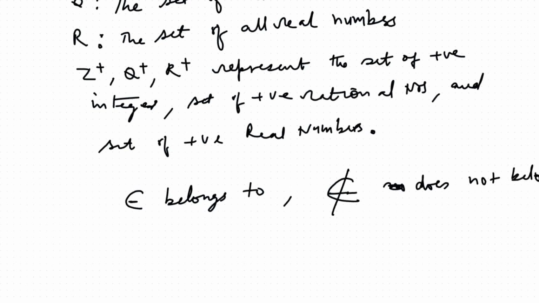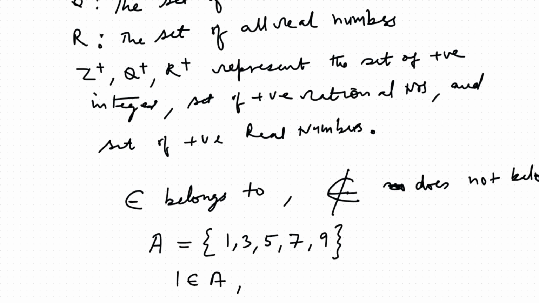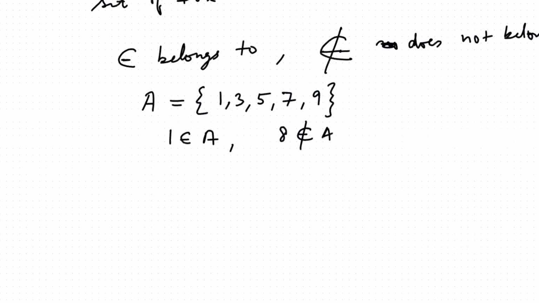For example, we wrote set A as 1, 3, 5, 7, 9. So what can we say? Element 1 belongs to A. Also we can say 8 does not belong to A. This way we represent any element.